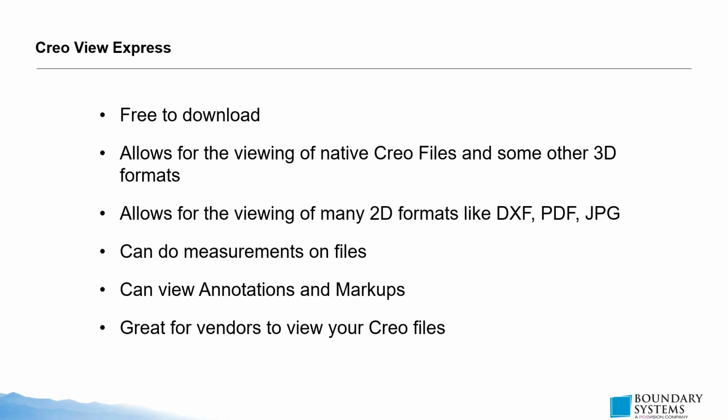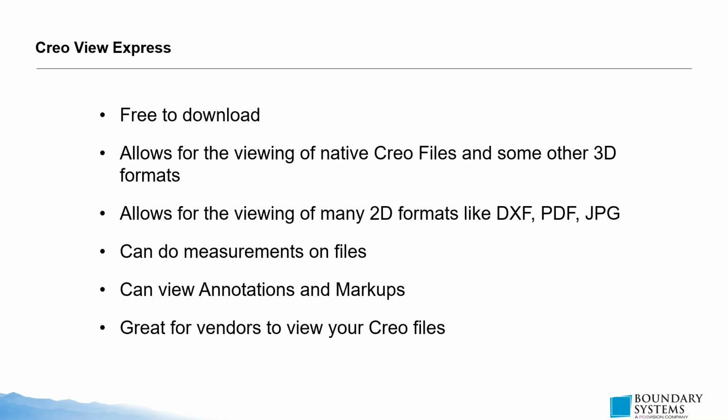So if we have done annotation sets or done our redline markups, you don't have to have Creo to view those. We can go directly into Creo View Express and still view that information. This tool is really great for our vendors, even people in the shop that don't have direct access to Creo or even a license of Creo and don't necessarily need it just to view the files.